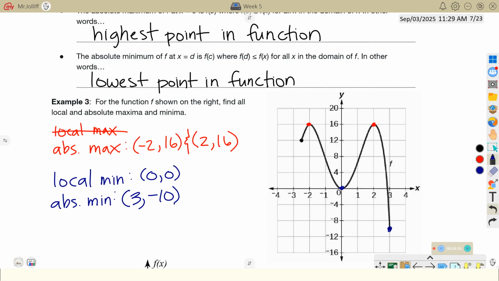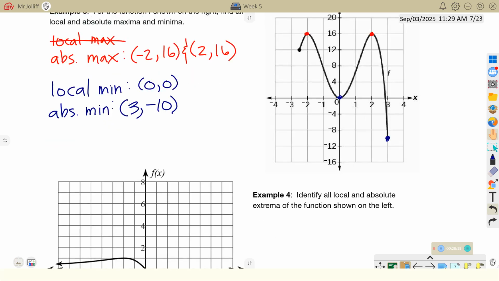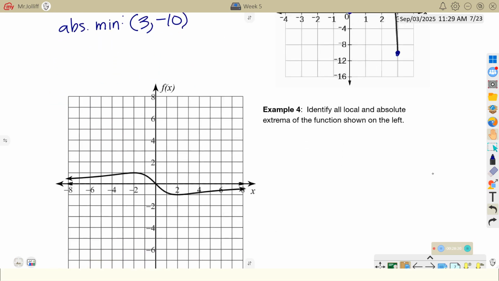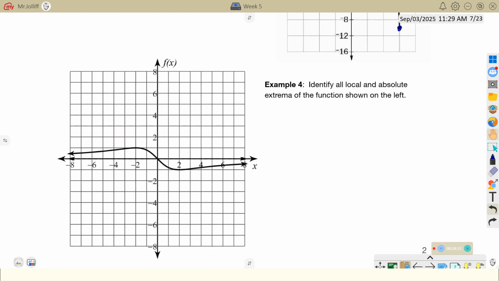I think there's one more example. I'm going to have you guys walk me through it. So in your small groups, take a second. Identify local and absolute extrema. I'm going to give you about 90 seconds, and then I'm going to call on some people. Put your phone away.